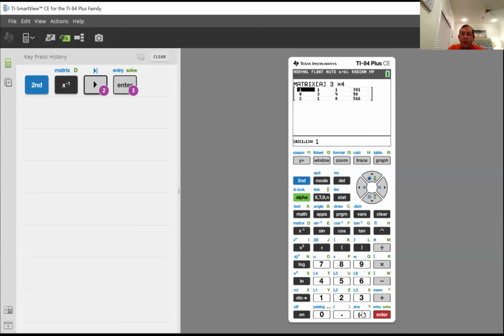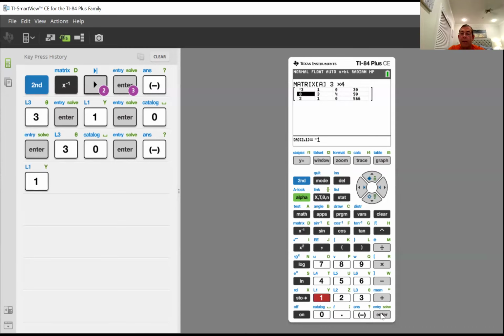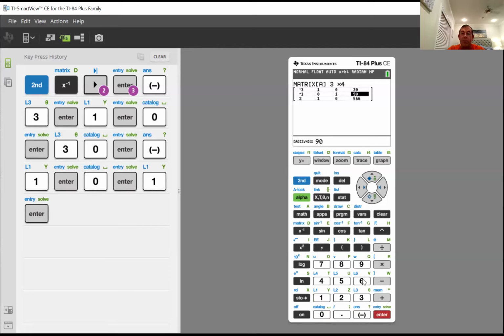I had -3 for the A, enter. 1 for the B, enter. 0 for the C, enter. And that equaled 30 on that row. All right, enter that. Second row, I had a -1 for the A, because that was a -A. 0 for the B on that row. And then 1 for the C. And then that row equaled 60.